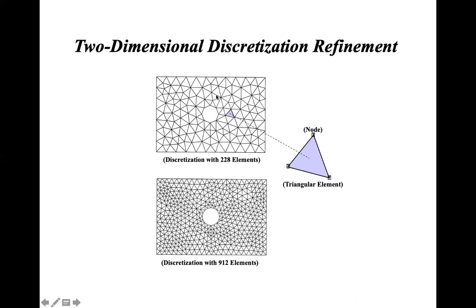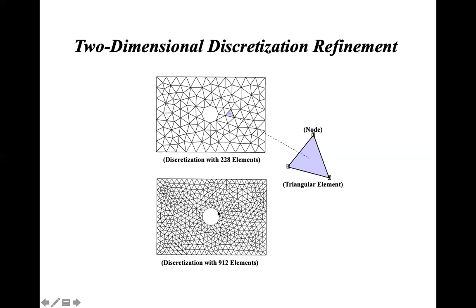Now in the second case, we have decreased the element size. As we have decreased the element size, this looks more like an actual circle. So as we go on decreasing the size, it will be closer to the circle, right? Here we have 220 elements, and here we have 912 elements.